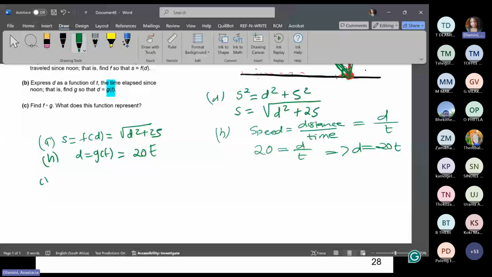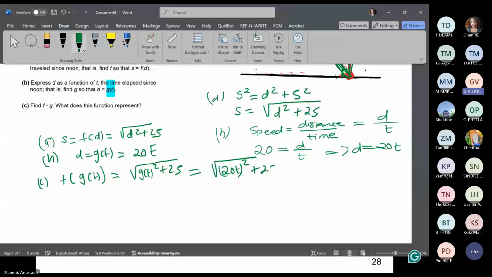So we know what the composition of f and g is, meaning that you say f of g of T. That's what they want, which is equal to, I know my f is this one, so then I'll do g of T squared plus 25. So then this is equal to (20T) squared plus 25. Then the answer is, okay, let's leave it there.